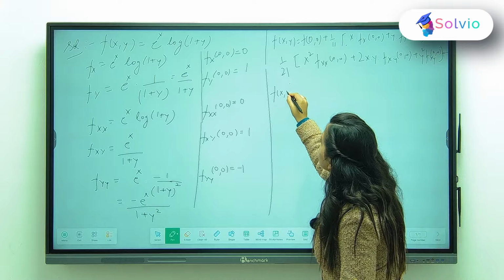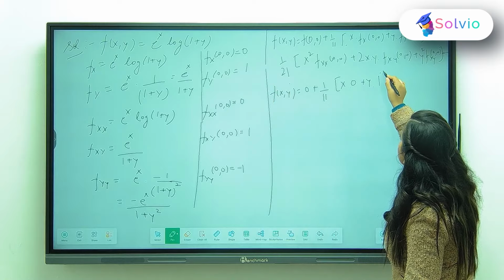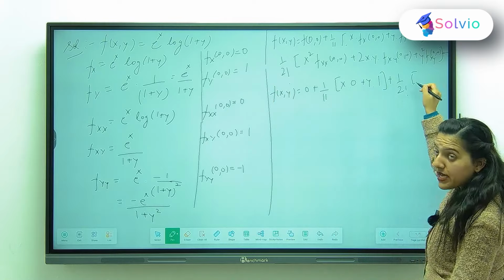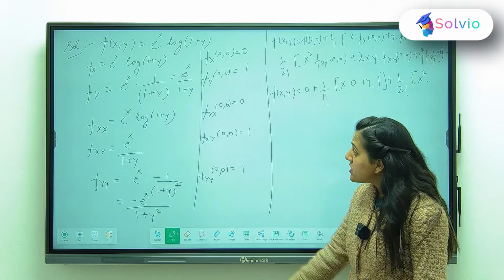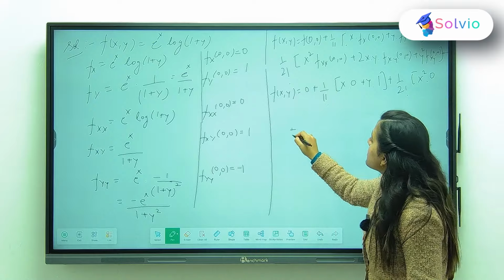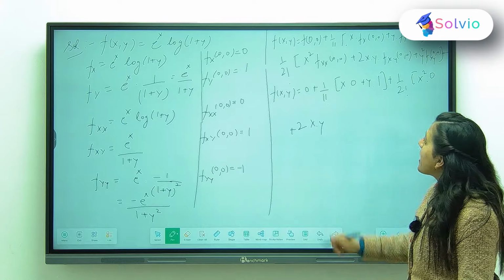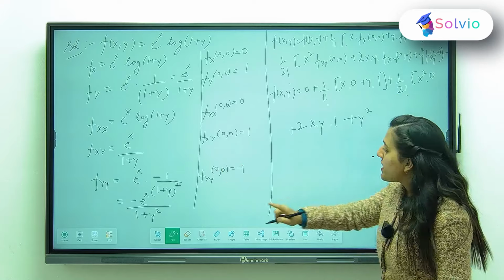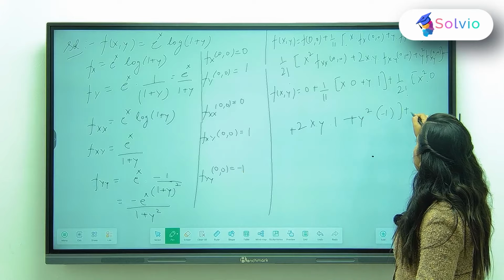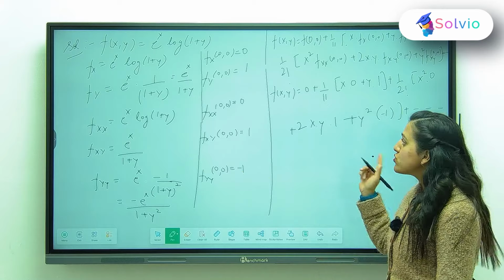So f of x comma y equal to 0 plus 1 upon 1 factorial times x into fx at 0 comma 0 is 0, right, plus y times fy at 0 comma 0 here, which is 1, bracket close, plus 1 upon 2 factorial times x square into second order partial derivative of f with respect to x at 0 comma 0, that is also 0, plus twice of x into y fxy at 0 comma 0 is 1, plus y square times fyy at 0 comma 0 is minus 1 plus so on, right. So I have substituted all the values.